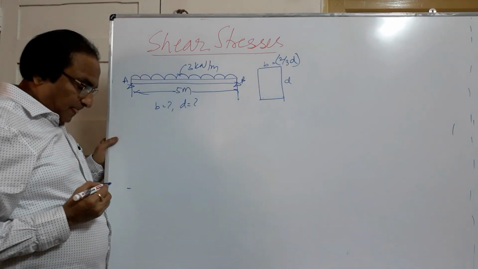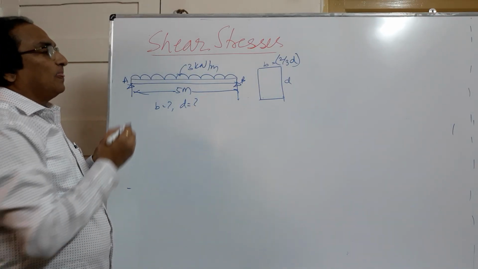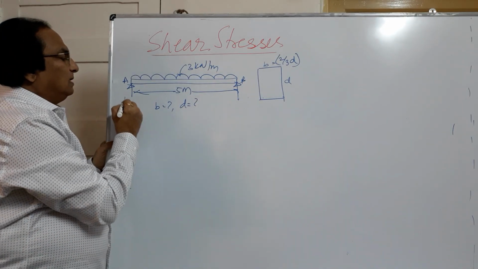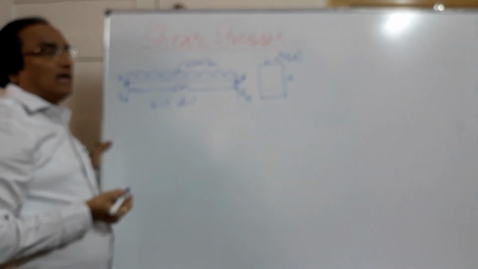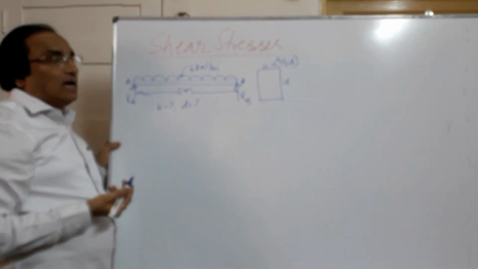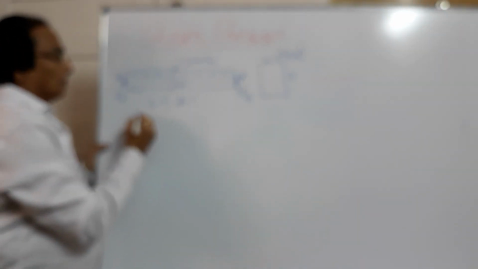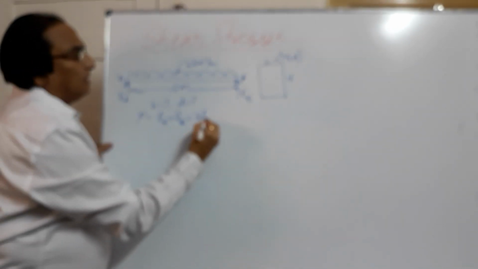Here we'll use the shear stress equations to solve the problem. It is a symmetrically loaded beam, so you get the reactions RA and RB, and we have seen that the reactions are maximum at the supports and the shear force is also maximum at the support. So Q is equal to RA is equal to RB. The total load is W L divided by 2.